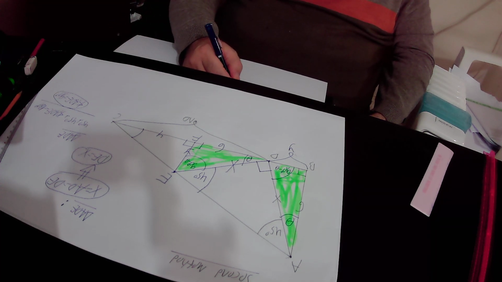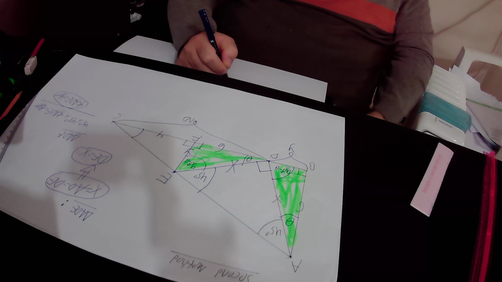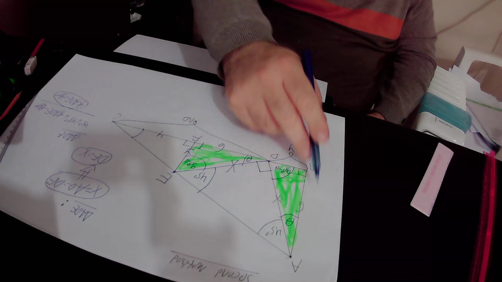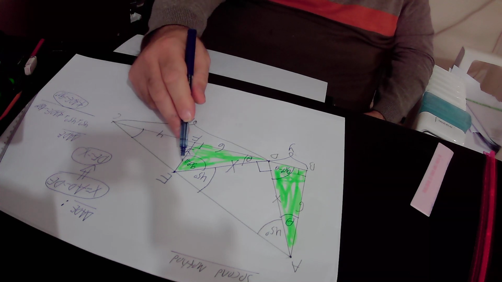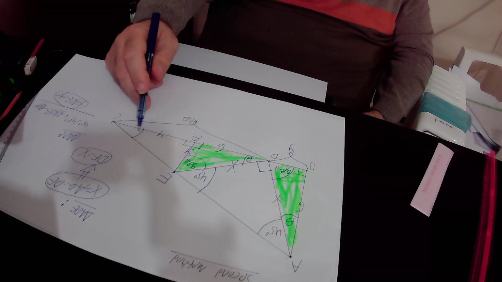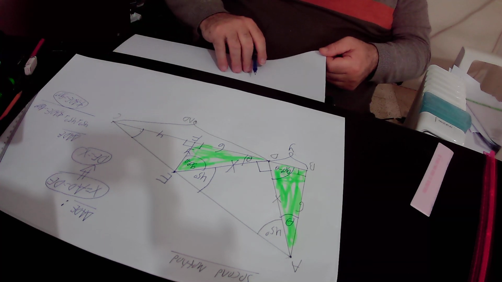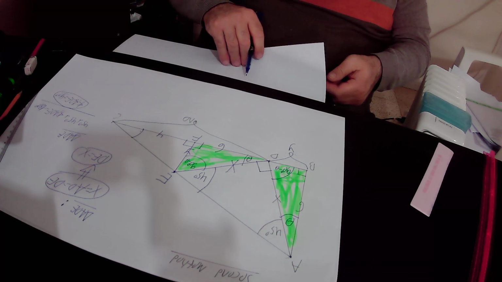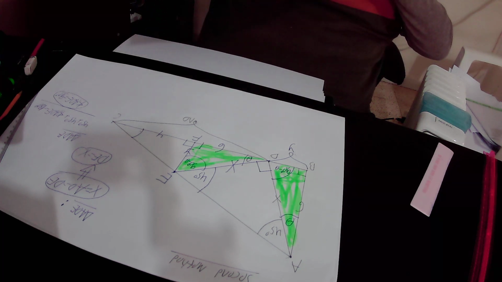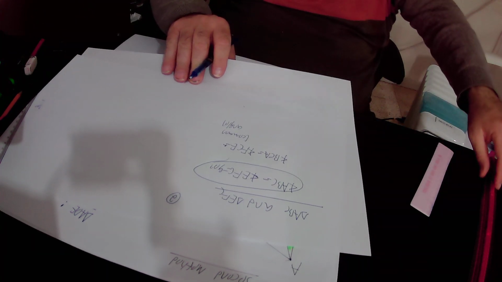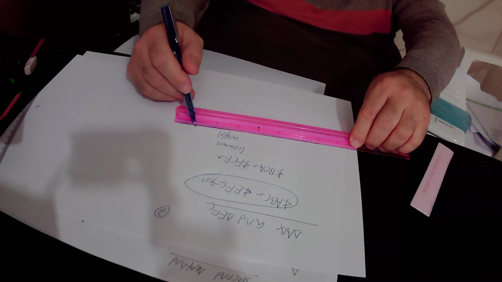It is a common angle, it belongs to both triangles. So you can see here, this angle belongs both to triangle ABC, and this angle also belongs to triangle EFC. Therefore, the angle is equal to itself. It's a common angle that belongs to both triangles.